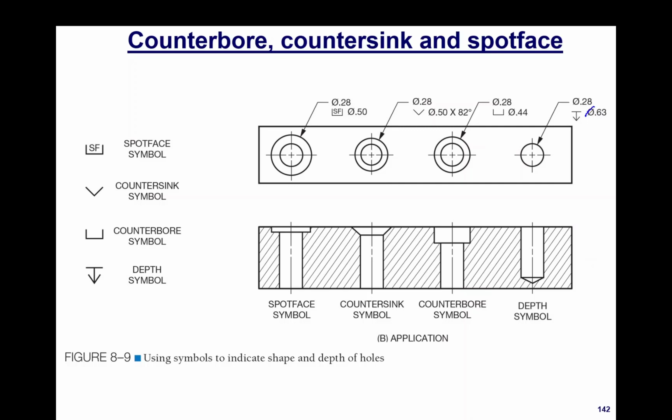So in your book, you can cross this out. This is not a diameter of 0.63. This should just be 0.63. So this is 0.63 inches in depth, not including the conical depression because it's not functional.